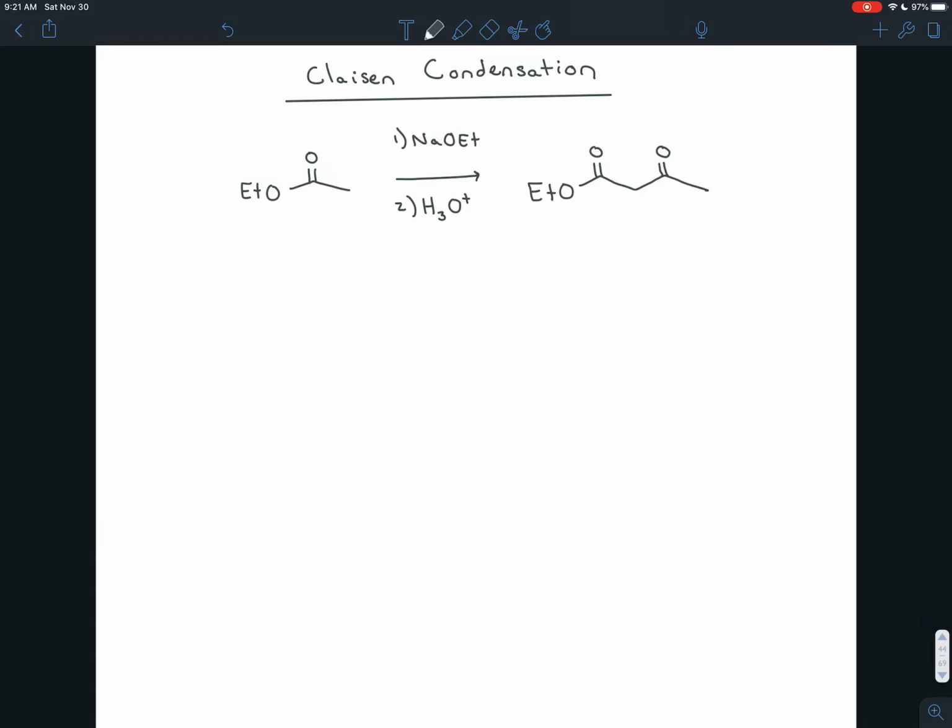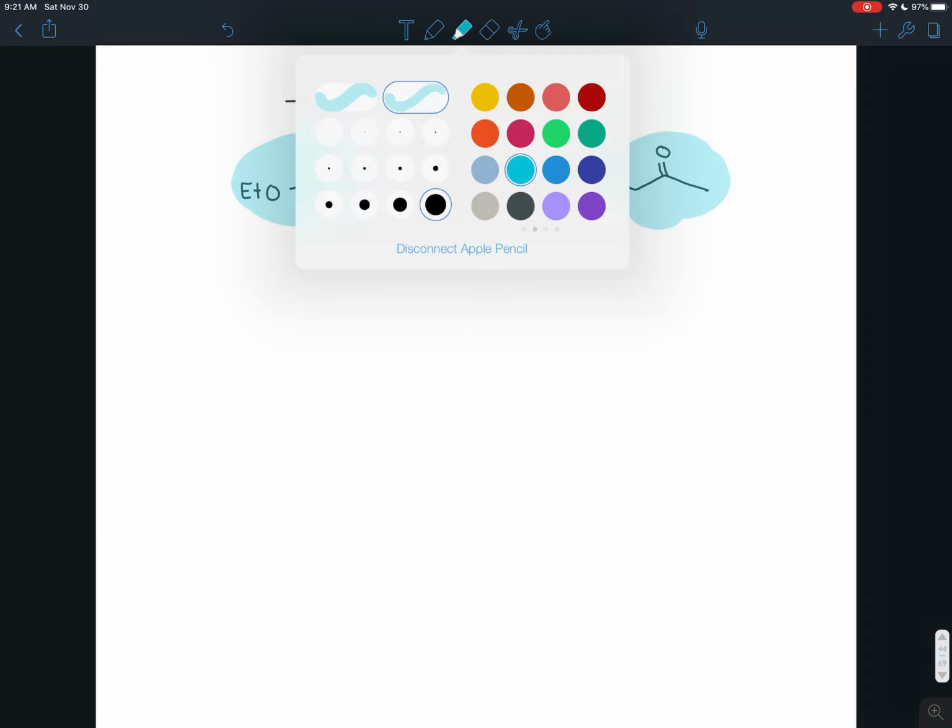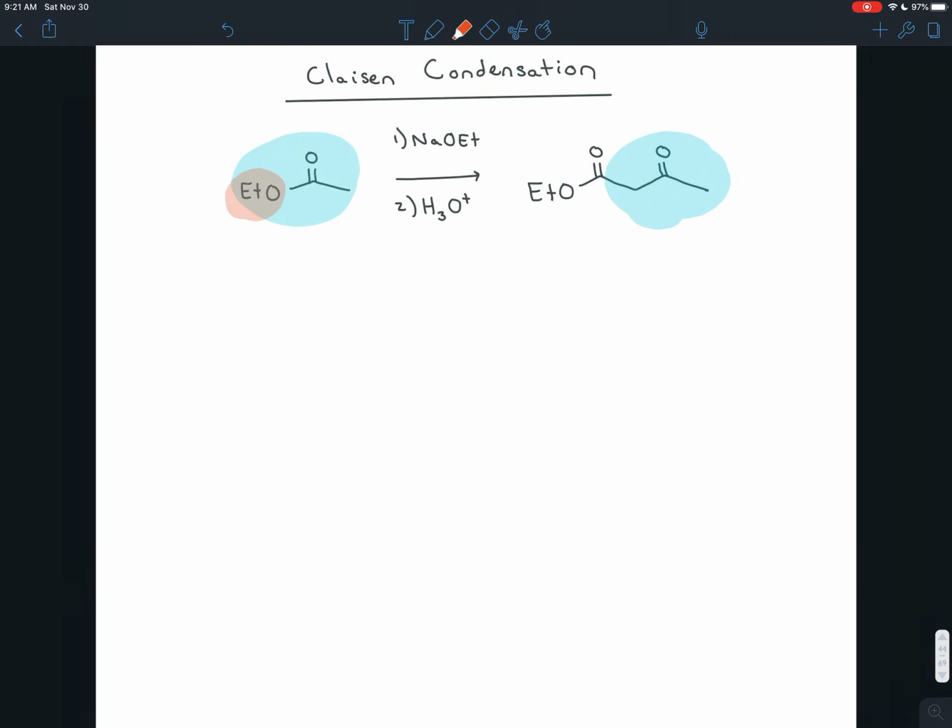So the idea behind the Claisen condensation is that it's really just a nucleophilic acyl substitution. If you think of this molecule here as this one here, then you'll notice that this leaving group, after all, this is an ester that we start with, and you always start with an ester in the Claisen condensation.